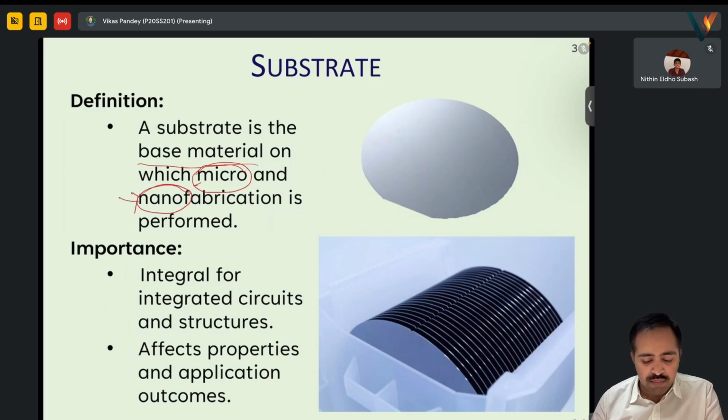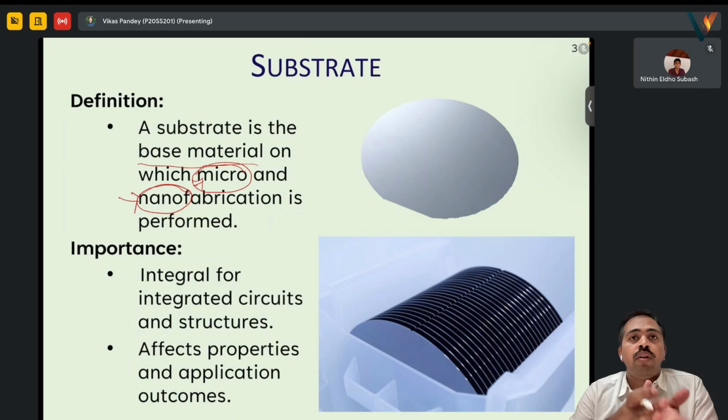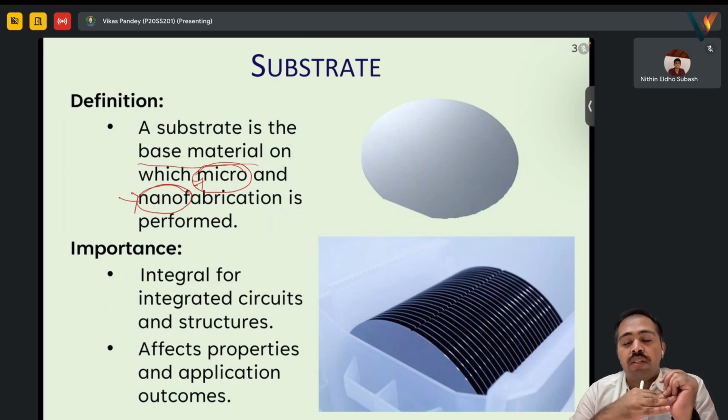When our devices or whatever we are making are in the dimensions of micrometers, we call that science of fabrication microfabrication. Whereas when we are making objects, devices, or circuits in the dimensions of nanometers, where at least one dimension is in nanometers, that is called nanofabrication.